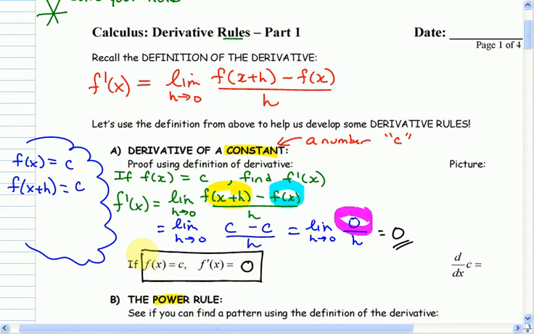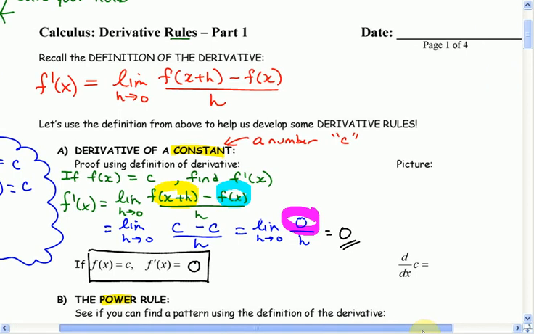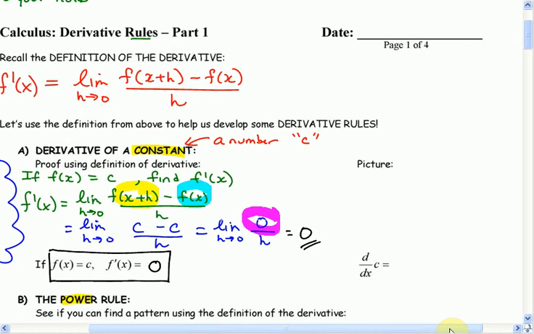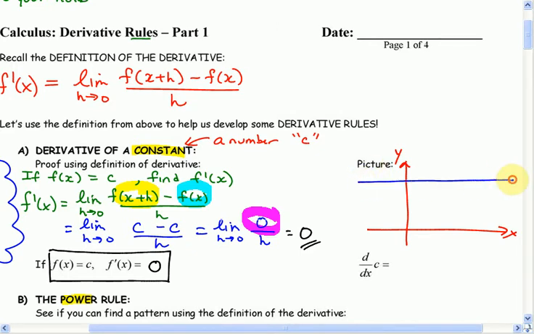Okay? Now, over here, I want to show you this visually, because I want you to see what this looks like. How do I draw a function where it's a constant? How does it look as a graph, as a picture? The constant function. How does it look? Horizontal line. Exactly. Okay, so here's my constant function.